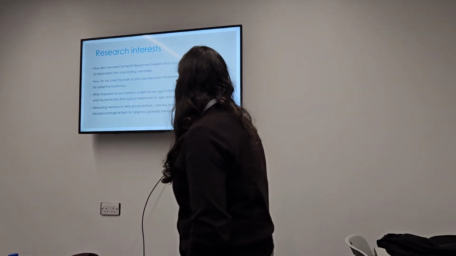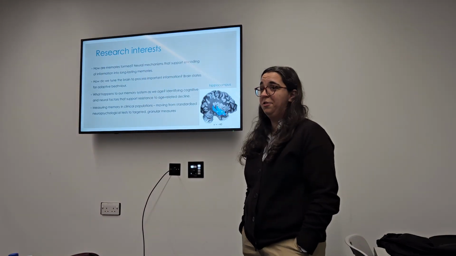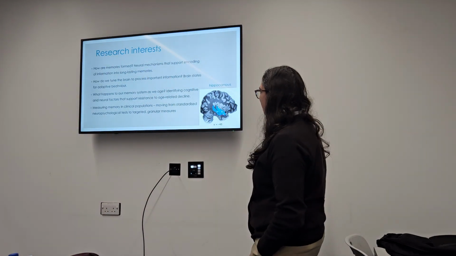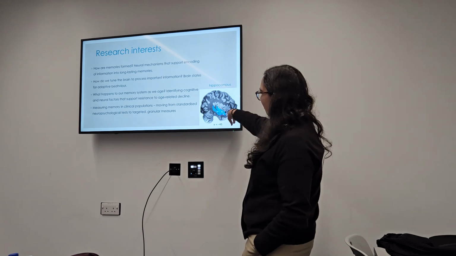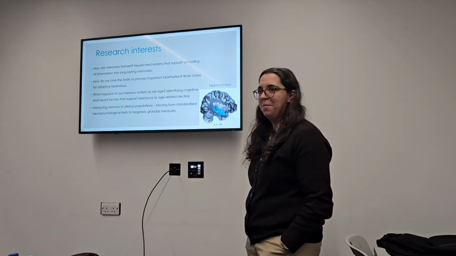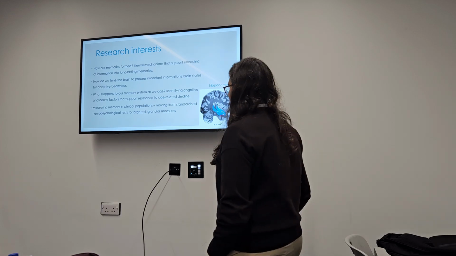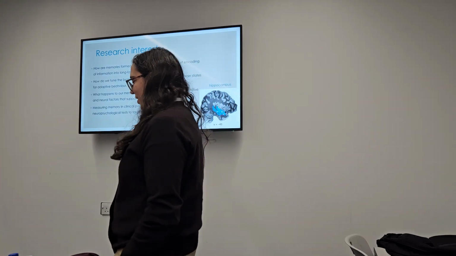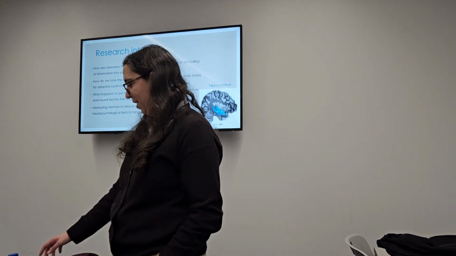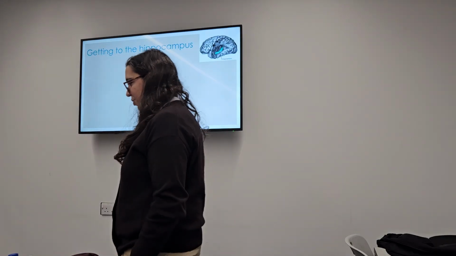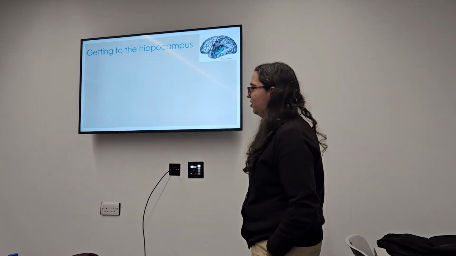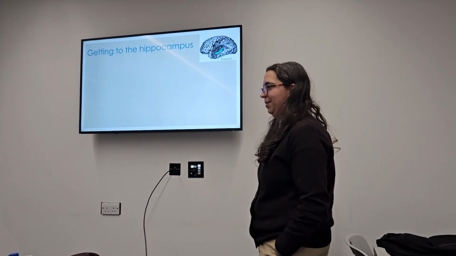All of these things, if you've studied neuroscience, I hope this was a clue, involve the hippocampus that we have here shown in blue. Has anyone heard of the hippocampus before? Everyone. Okay, excellent. So that is kind of the common factor in my research. And as such, we want to be able to look at it, examine how it works.